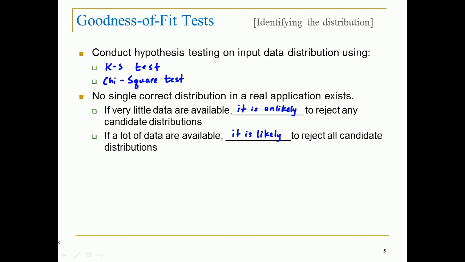Okay, so this is a trade-off. So if you have only few data points, it's going to be very hard for you to find a distribution based on the information that you have. But on the other side, if you have a lot of information, then again it is likely to reject all candidate distributions. So we're going to start by discussing the Chi-square test.